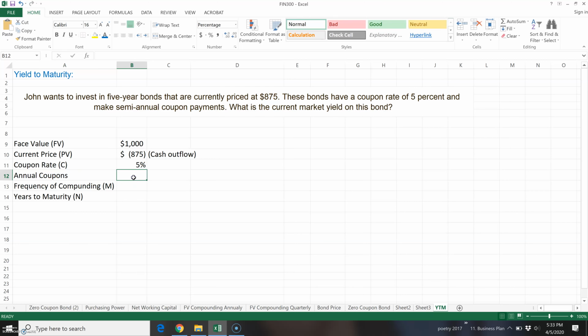What we have to do is multiply the face value with the coupon rate. So here, face value with the coupon rate.